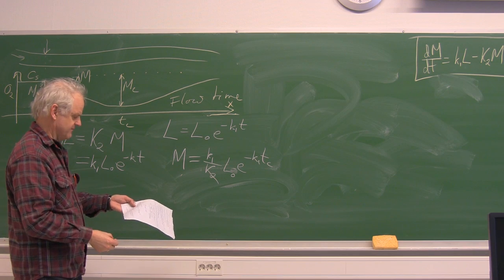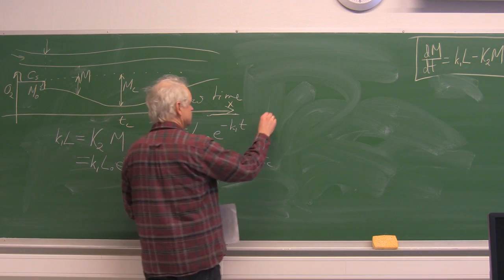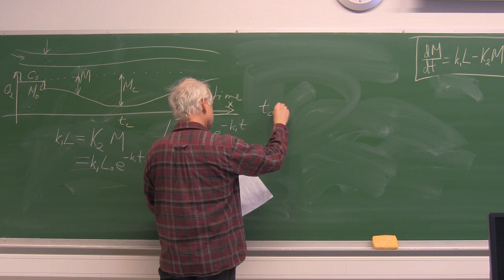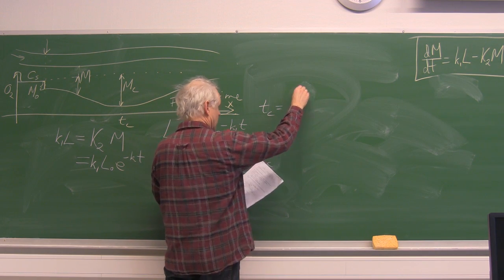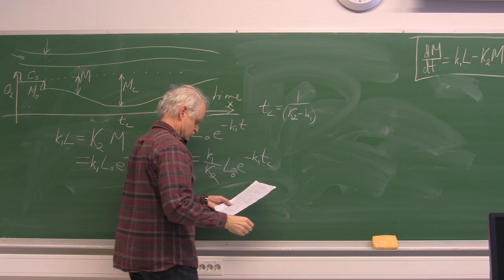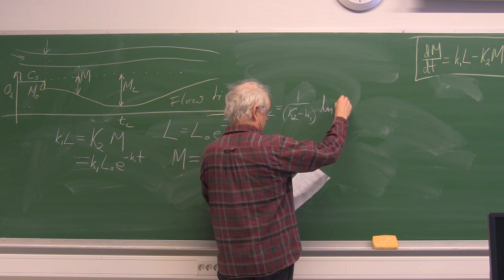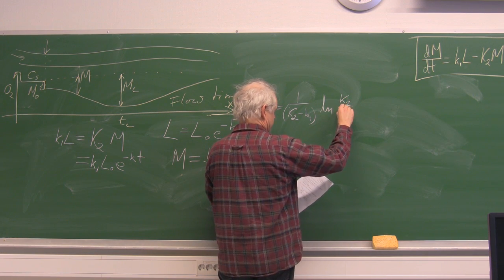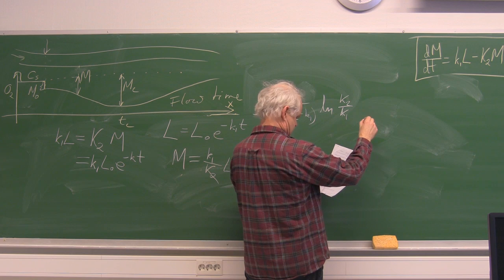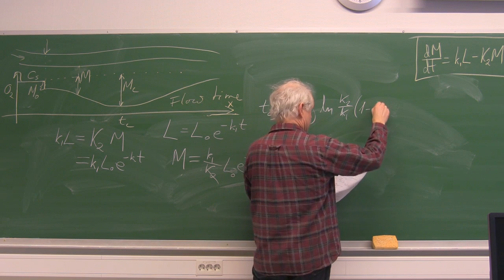And of course, then we have to find t critical. Moving the equations around, t critical, when the oxygen level is the lowest, is equal to 1/(K2 - K1) times ln of K2/K1 multiplied by (1 - M0 (K2 - K1)/(K1 L0)).